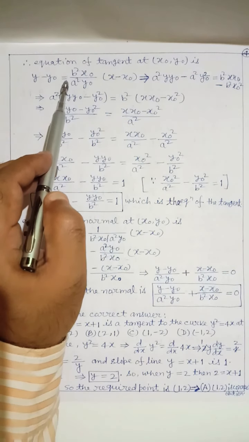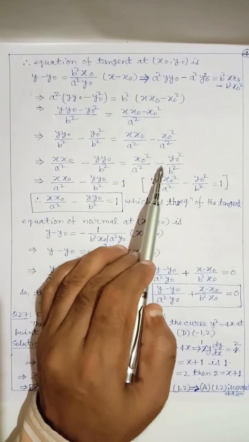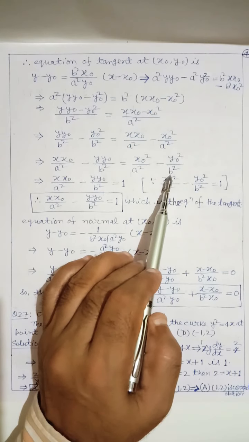And dear students, we solve here and we get x x0 by a square minus y y0 by b square is equal to x0 square by a square minus y0 square by b square.